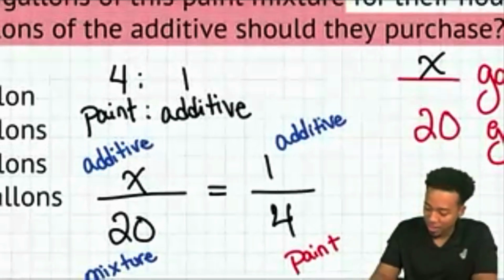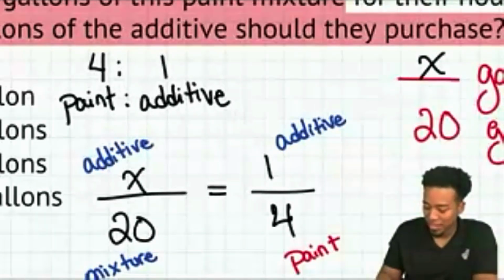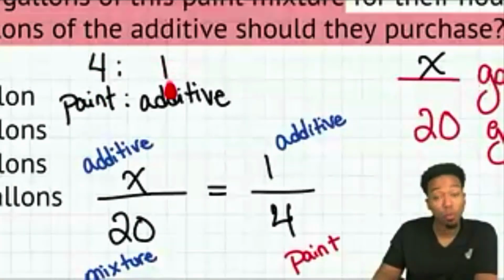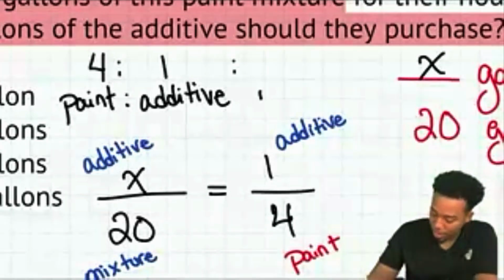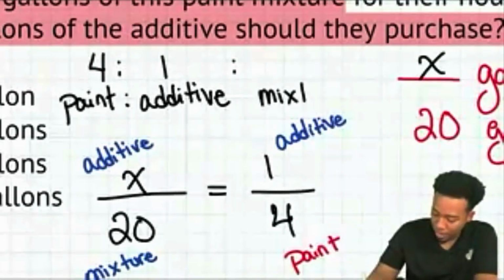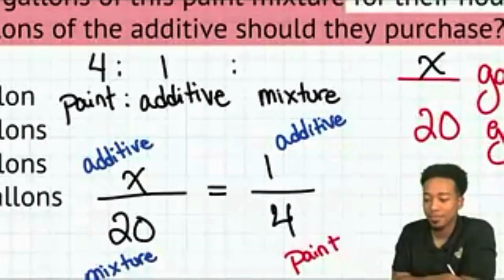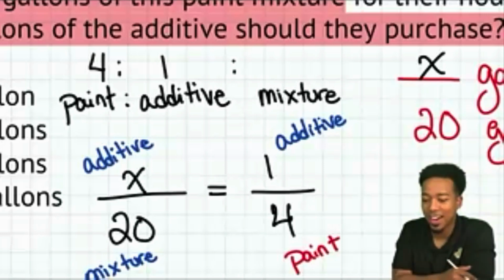And so check this out, everybody. Right up here, let me just move this up a little bit and make your life easy. So here, if it's 4 parts paint to 1 part additive, how many parts would make up the mixture, everybody? Karl Max says 5. Virginia says 5.